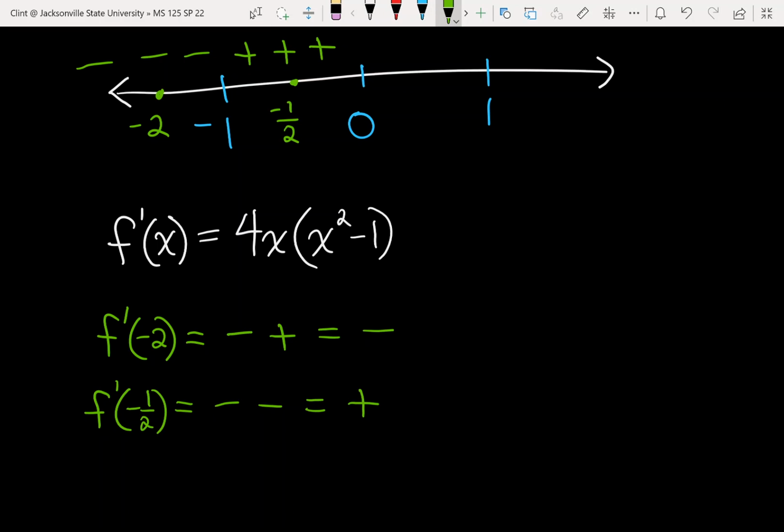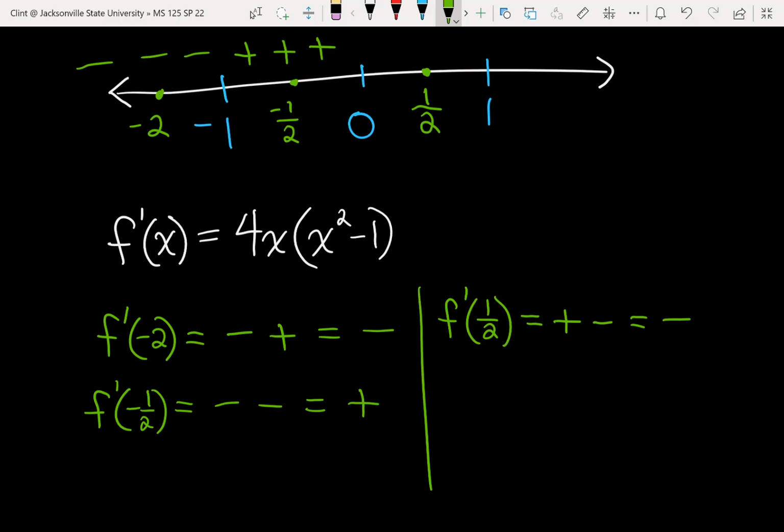And let's see, something between 0 and 1, so we'll go 1/2. Okay, so positive times positive is positive, and then positive 1/2 squared is 1/4 minus 1, so that's negative again.